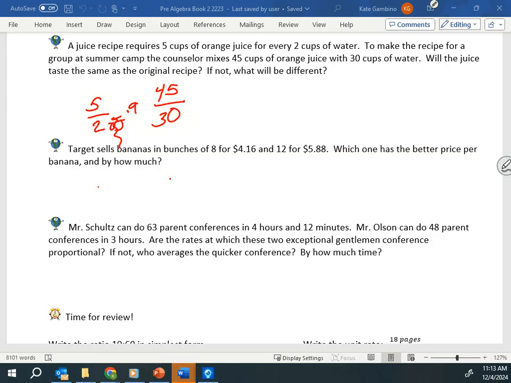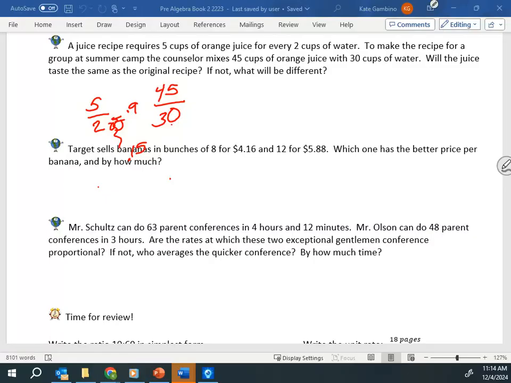So if it was 5 times 9 to get to 45, but it's 2 times 15 to get to 30, which one has more to it? The water. So the question is, will the juice taste the same as the original? No, it's not proportionate.